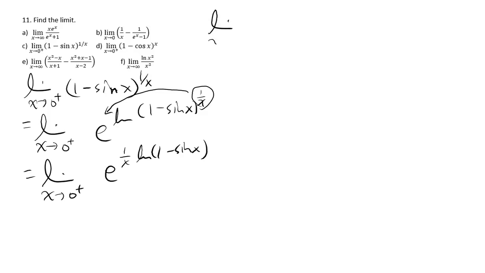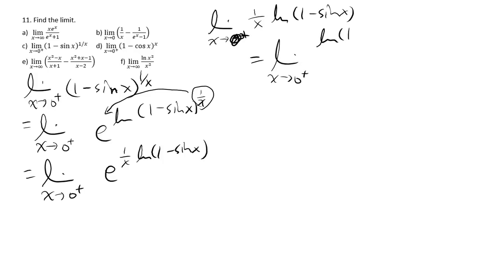The limit of x going to, actually, it's 0 plus, right? So it's the limit as x goes to 0 plus of 1 over x times ln of 1 minus sine of x, which is the limit as x goes to 0 plus of ln of 1 minus sine of x over x. Because if you multiply 1 over x to this, it only gets multiplied to the top.